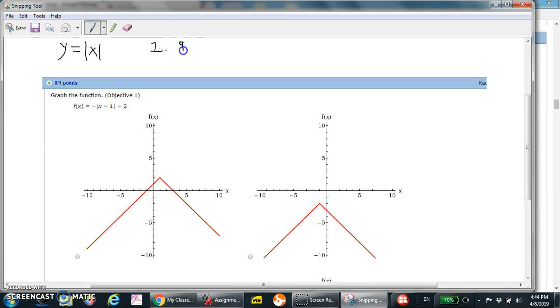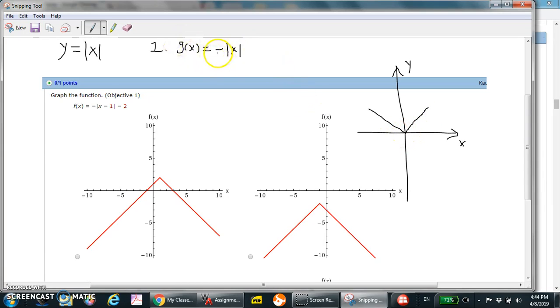So we define a function g(x) equals negative the absolute value of x. I will start with our basic function.